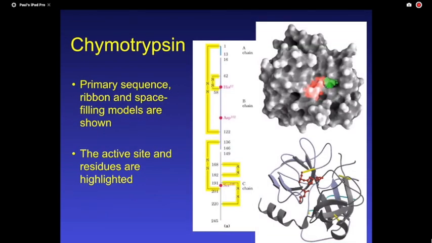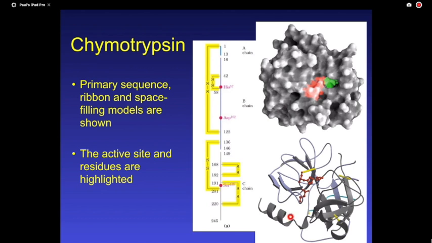Here's chymotrypsin itself. All right, and you can see that I identify a handful of residues that are important. In the space-filling model, okay, you see that right there, and you see this right here? That is the active site. It's kind of buried in there. Can't quite see it. All right, it's still in a cleft or a pocket, and that's how most enzymes work.